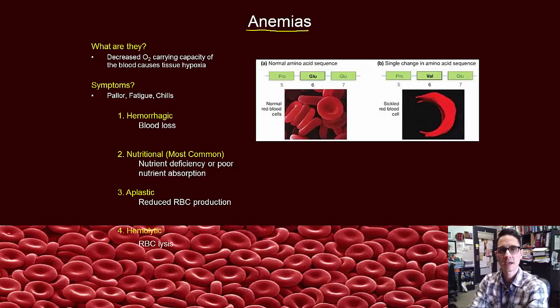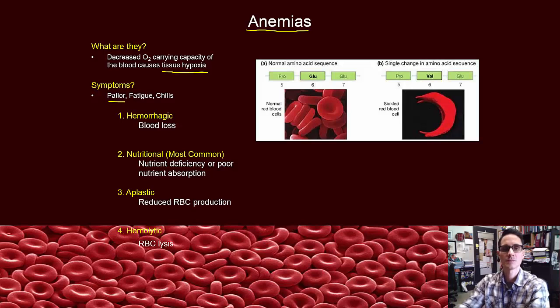Okay, and what that can do is it can cause tissue hypoxia. So this term hypoxia is essentially a starvation by the tissue of oxygen. So oxygen is not being delivered to the tissue in high enough amounts, and the tissue is essentially starving of oxygen.